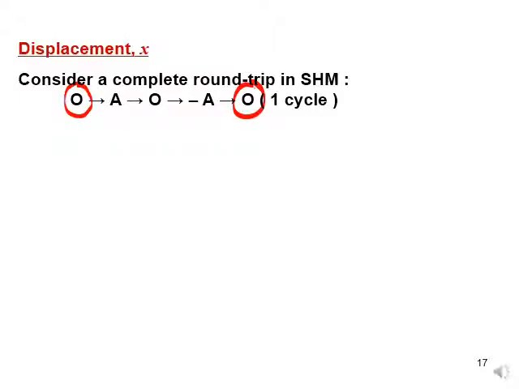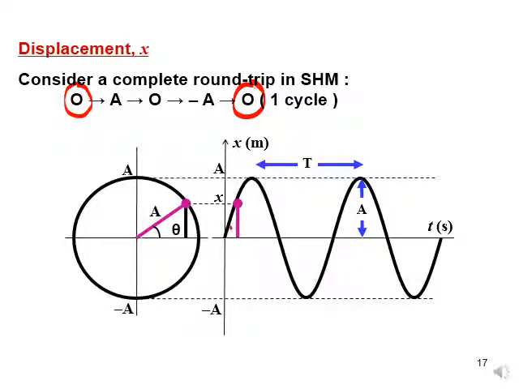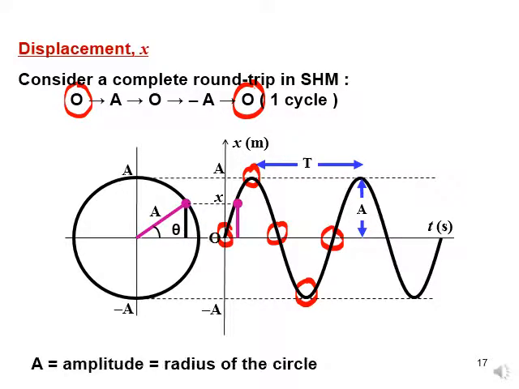By considering the diagram, the starting point is from equilibrium position O, moves to positive maximum displacement positive A, back to the origin, in other words equilibrium position O, then moves to the negative maximum displacement negative A and ends up at equilibrium position O to complete one cycle. From this projection, the amplitude A represents the radius of the circle.